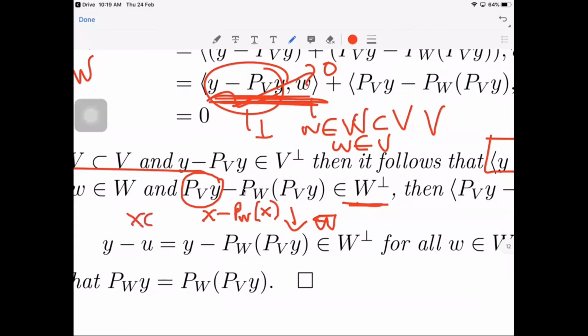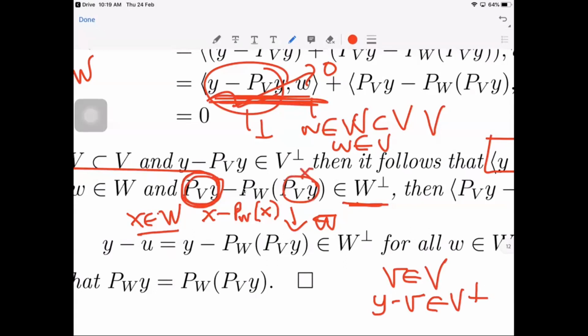So, ibig sabihin si X nasa W, kay vector man siya. And then, ang Y, ato bang definition sa projection? Naa sa V, naa kay Y minus V, naa sa V perp. So, si X nasa W, si Y minus the projection of X unto W is in W perp.